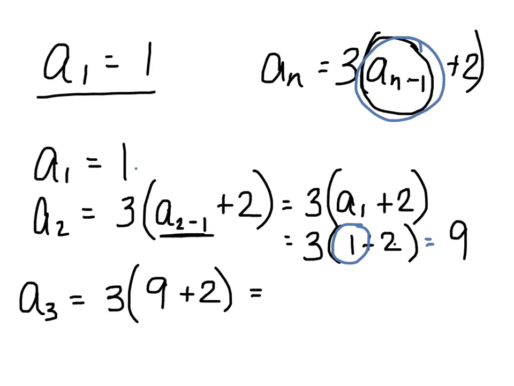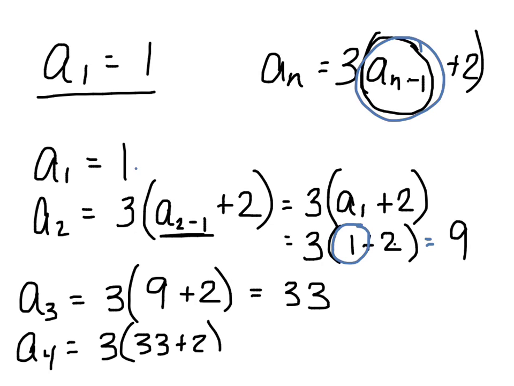Anytime you see that n minus 1 in the subscript like that, that just means previous answer. So for this particular one, 9 plus 2 is 11, and 11 times 3 is 33. And I would keep going. A sub 4, 33 plus 2, 35 times 3 is 105, and continue.